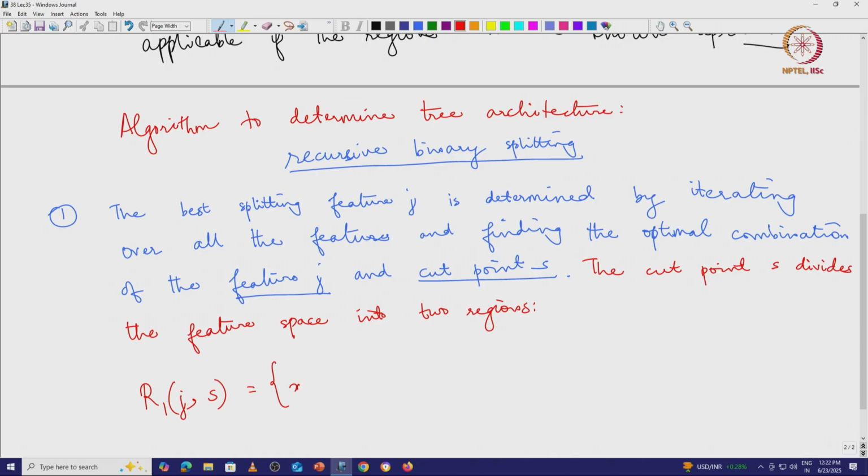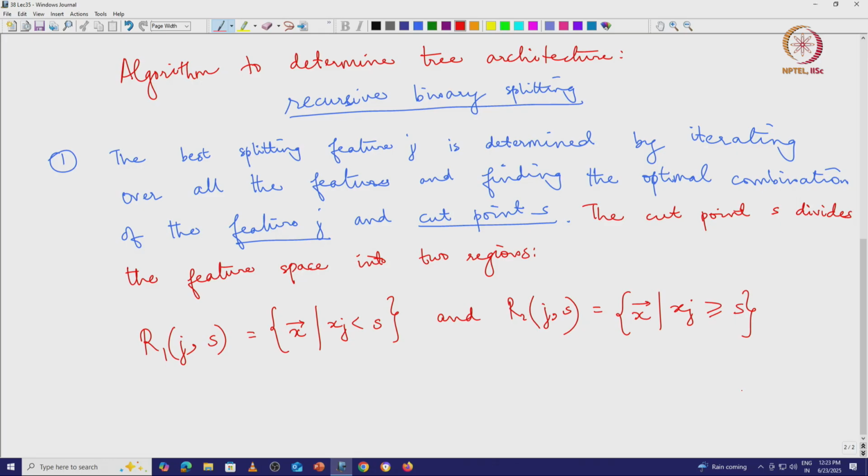So, that is defined as all the data points x where xj is less than s, where the jth feature has value less than the cut point s. And the second region is R2, which is the right partition or the right region. Again, it depends on the feature cut point combination. So, this is all the data points x such that the jth feature is greater than or equal to s. So, these are the two regions into which your feature space has been divided by the combination of the feature j and the cut point s.